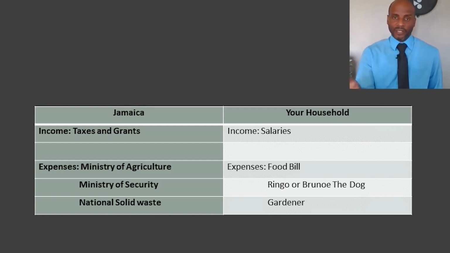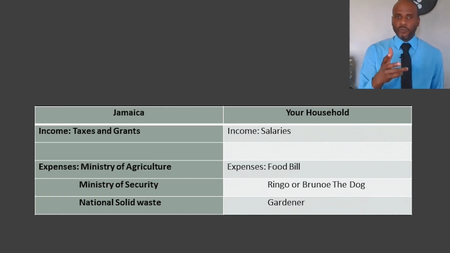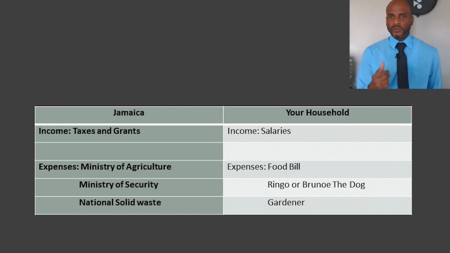Money earned by mother and father in the previous example that I spoke of a moment ago. Expenses now, the three line items, Ministry of Agriculture, that would be compared to a household budget of food bill. The Ministry of Security, that's another line item. Compared to a household budget, who knows, Ringo or Bruno the dog that we have as security, right?